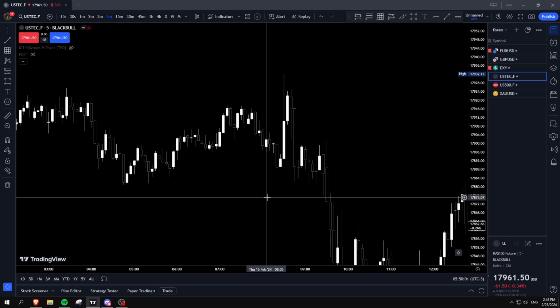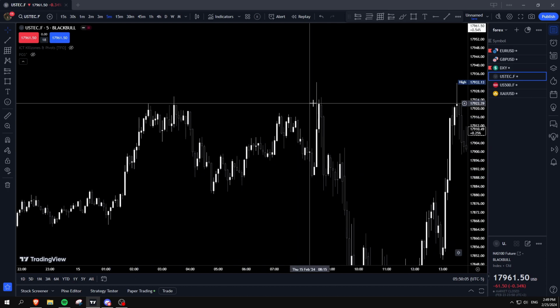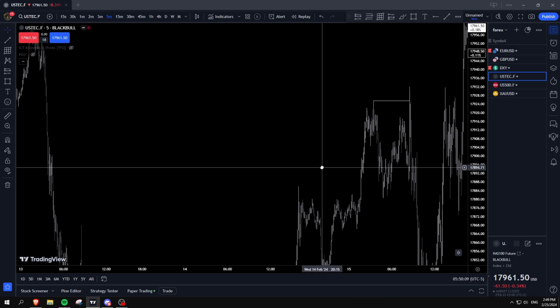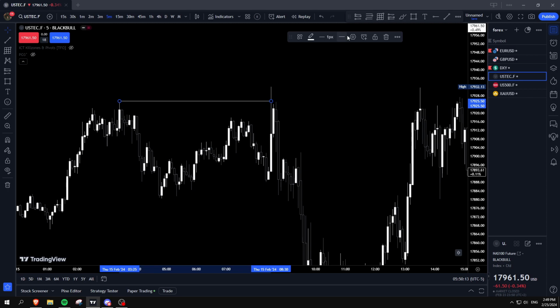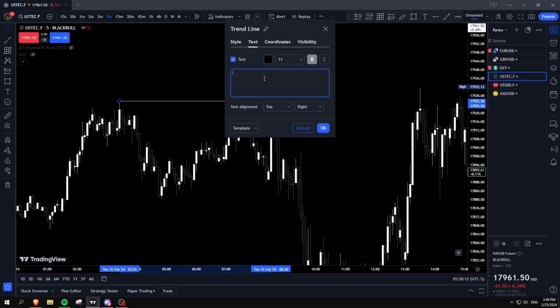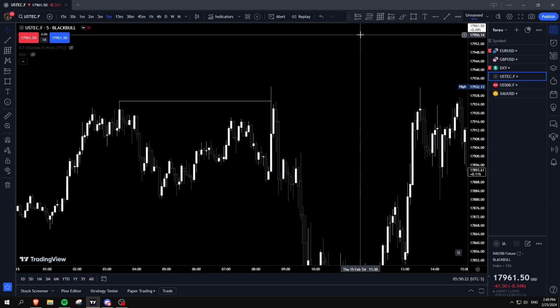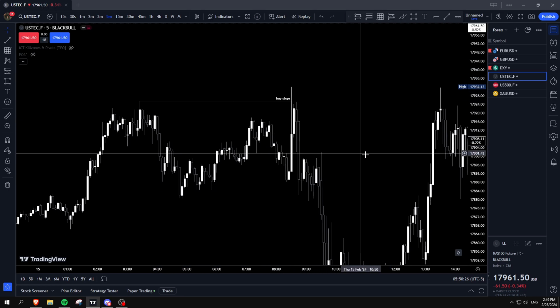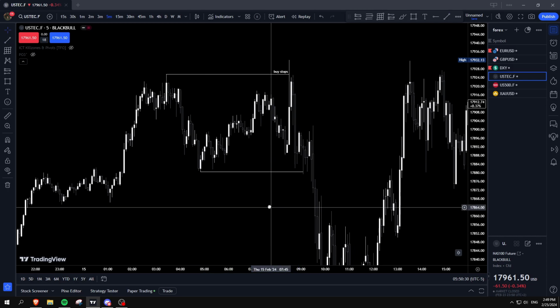So let's look at this example right here. As you can see, price swept out buy side, sweeps buy side here, grabs liquidity. Let's type here, buy stops. So it sweeps out buy side, and we have generated liquidity down here, right?